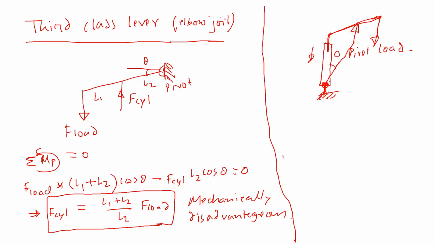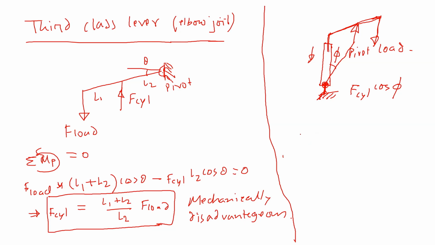If this rotated angle is phi, then the pulling force that the cylinder applies along the line of the cylinder will be F cylinder cosine phi instead of just F cylinder.